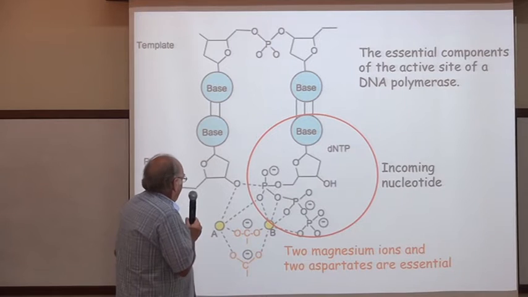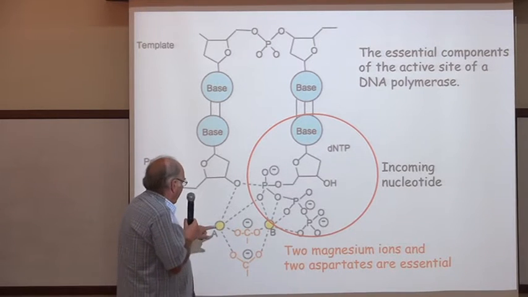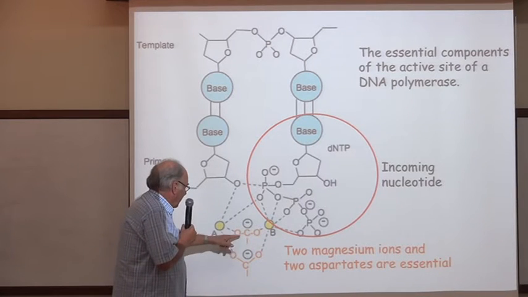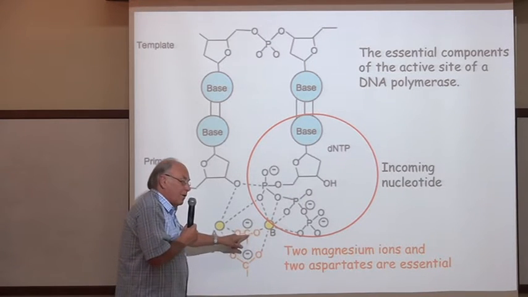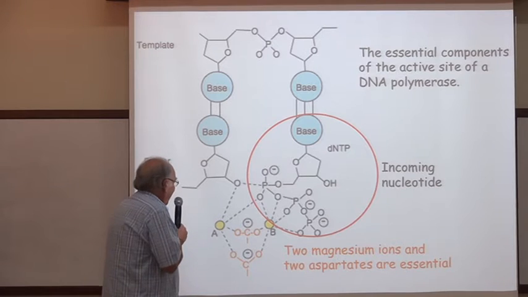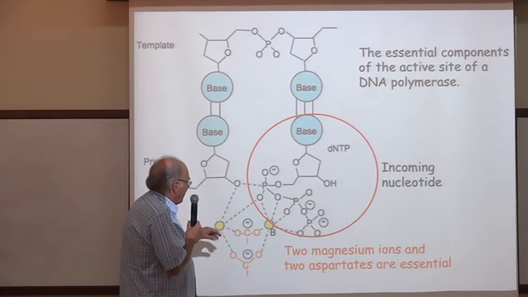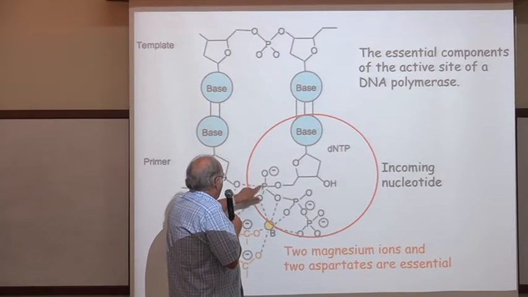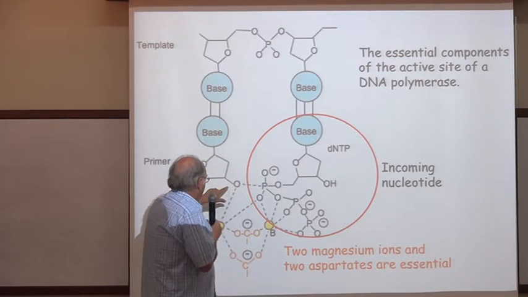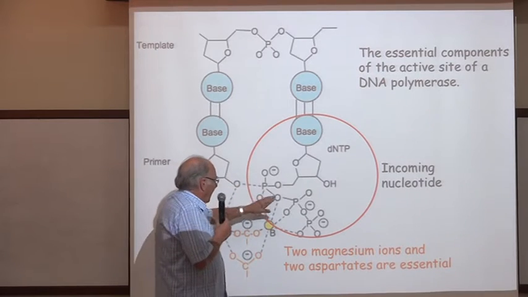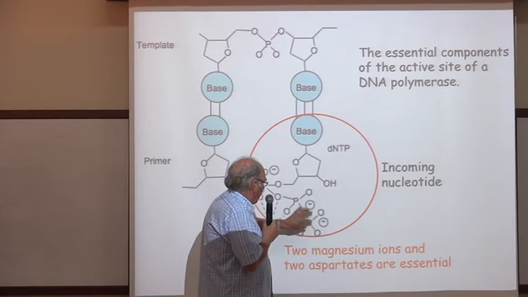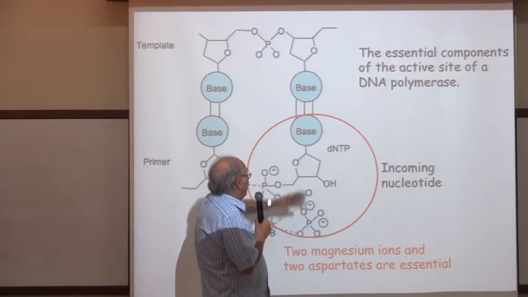And then the 2 magnesium ions here, which are bound to carboxyl groups of the protein, are participating in making this phosphate attack the deoxyribose oxygen here, and to release then the 2 phosphates from the nucleotide.